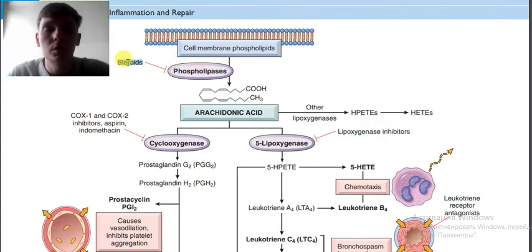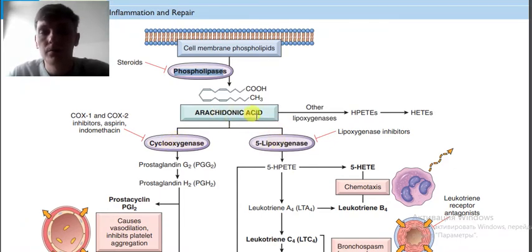Steroids, I mean glucocorticoids we give to patients, disrupt phospholipase activation, and that's why the cell membrane doesn't release arachidonic acid. Then arachidonic acid undergoes two pathways, the cyclooxygenase pathway and the lipoxygenase pathway.